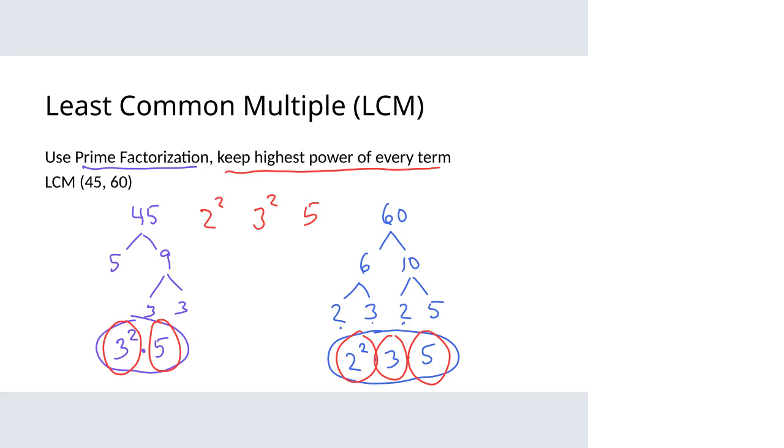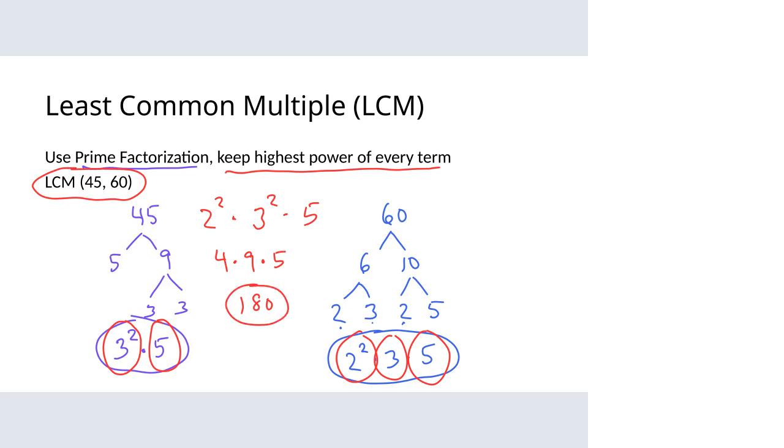And so the least common multiple of 45 and 60 is what I get when I multiply all these things together. 2 squared times 3 squared times 5. And I guess that'll be what, 4 times 9 times 5, which not sure what that is, but 4 times 9 times 5, 180. So the least common multiple of 45 and 60 is 180.